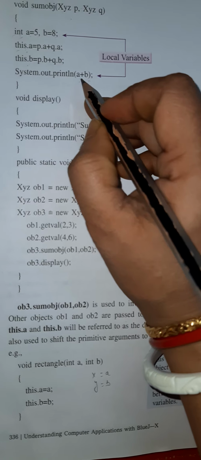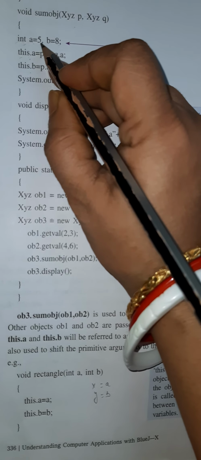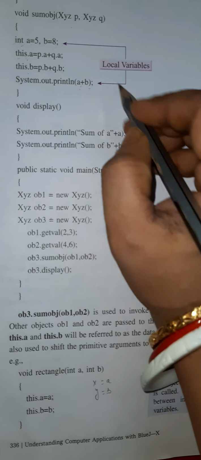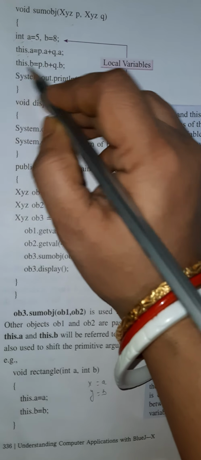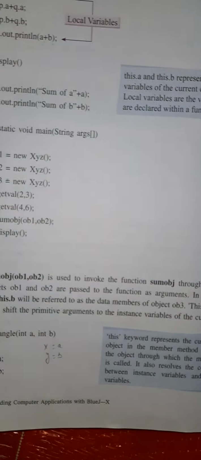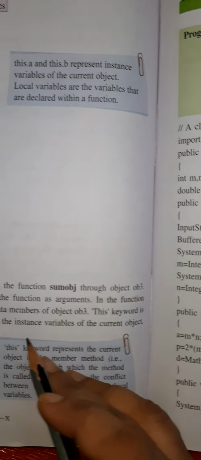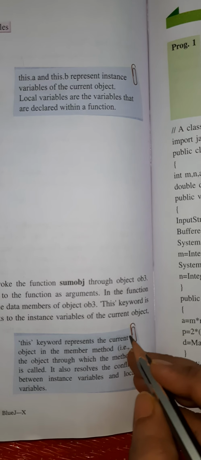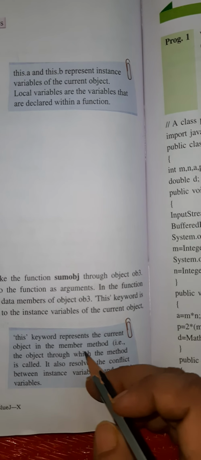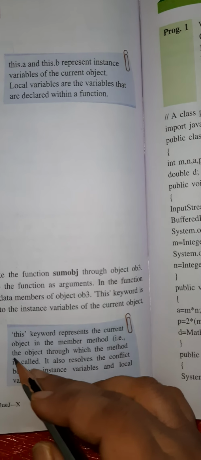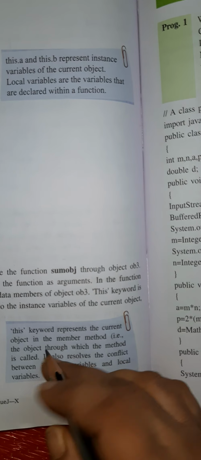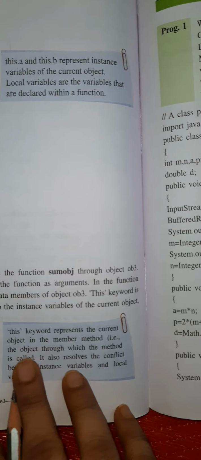But here, with a plus b, it will take 5 plus 8 and display that, because it becomes the local variable and this becomes the reference variable. So this keyword represents the current object in the member method, that is, the object through which the method is called.